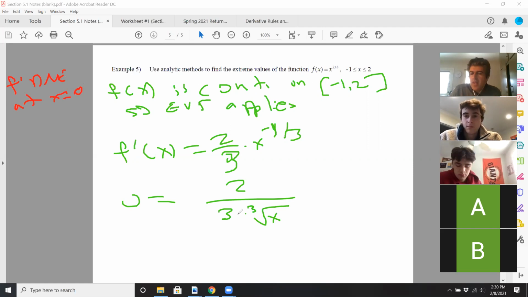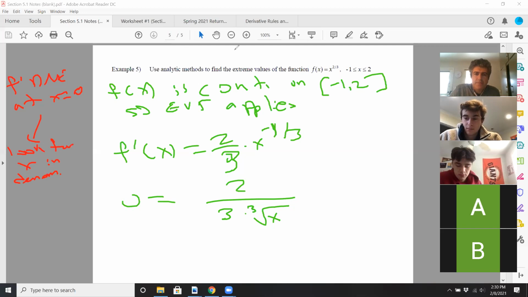So that's really more by inspection. How do you know when something does not exist? Look for x in a denominator. That's usually what you want to do. So you got that there.